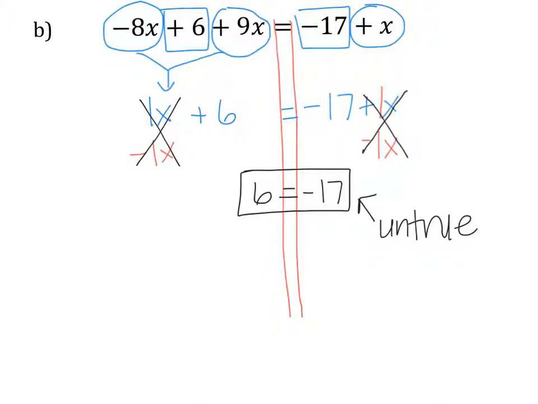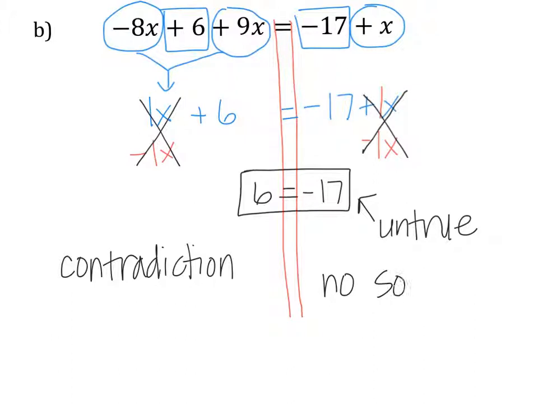It is not true that 6 is equal to -17. This situation is called a contradiction. And your final answer is going to be no solution.